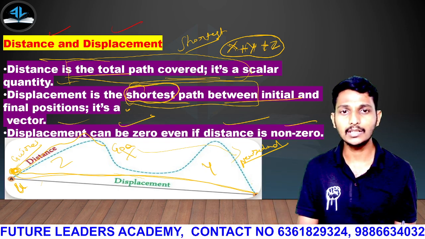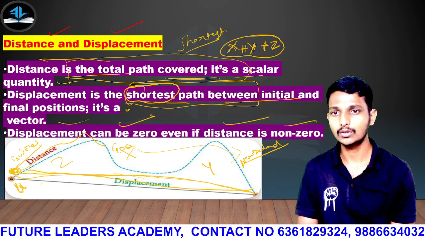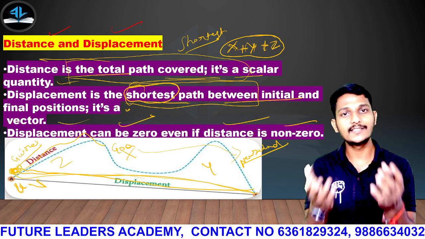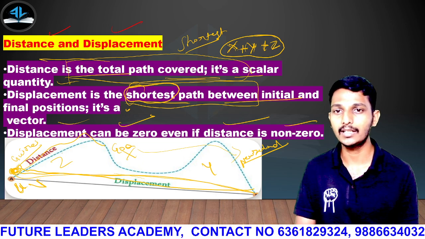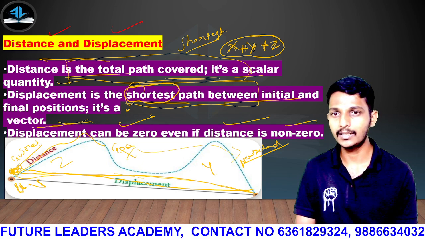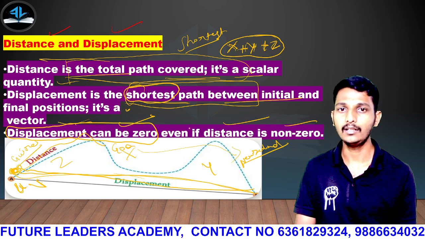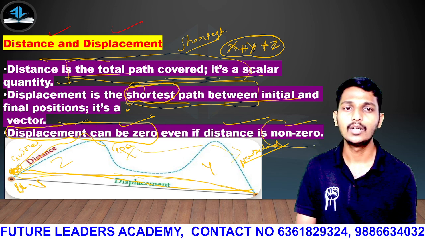But after the New Zealand trip, he comes back to the same position, that is V. Same position means zero only. Displacement can be zero even if the distance is non-zero.